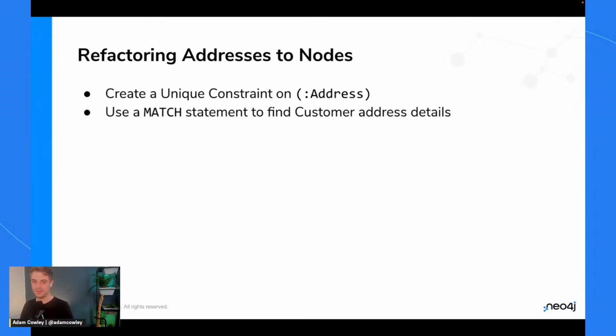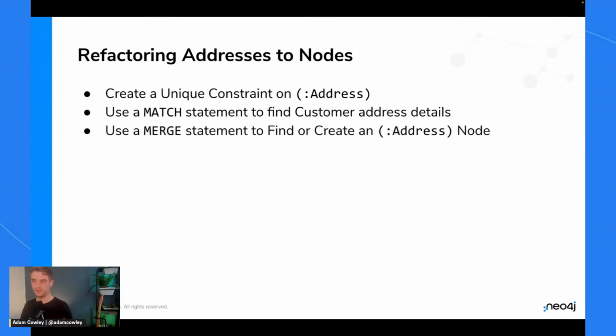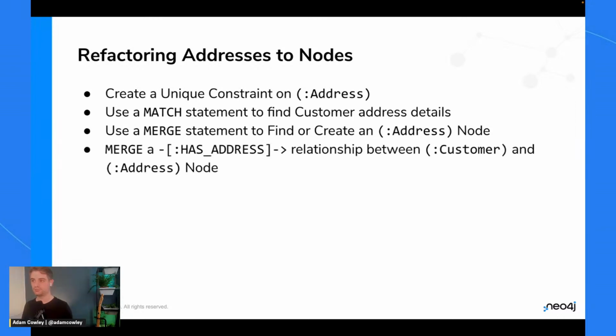We then use a match statement to build up a list of all of the addresses and the customers that use that. Use that data to run a merge statement to either find or create an address node, and then create that has address relationship between the customer and the address.